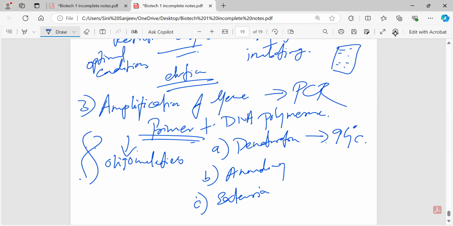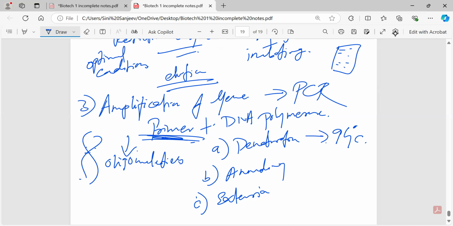Secondly, now we have separated strands. I told you we are adding the complementary thing, which is a primer. Now annealing means nothing but sealing. So here you pair that particular primer with your complementary base sequence.